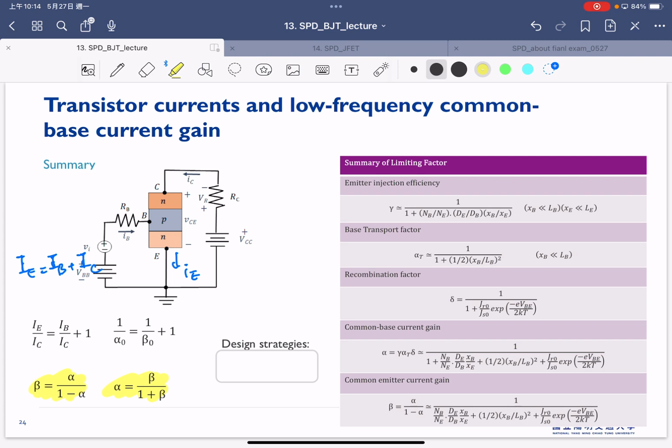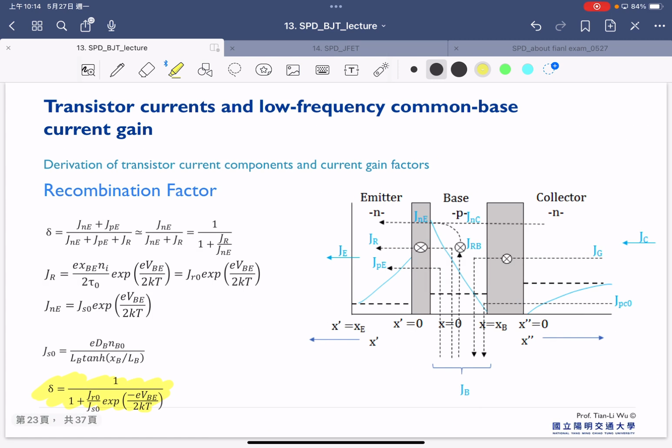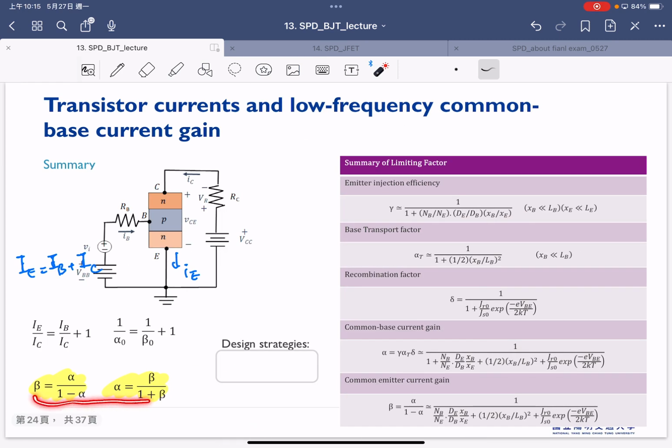In the case of this class, probably we won't talk about this, but we have definitely already learned this in the electronics class. So now this is a summary of all the equations we have already used.